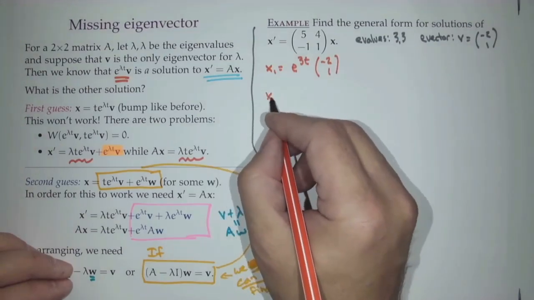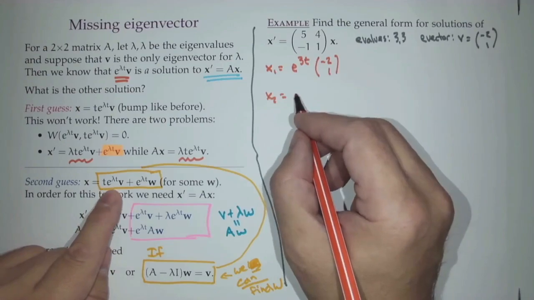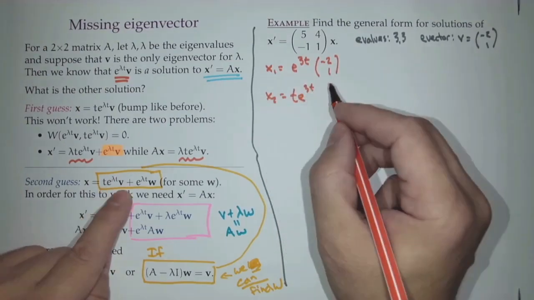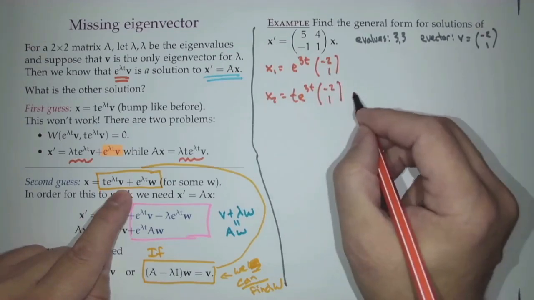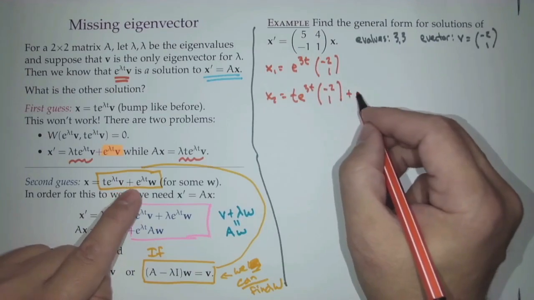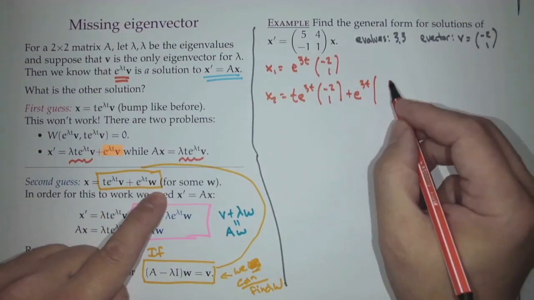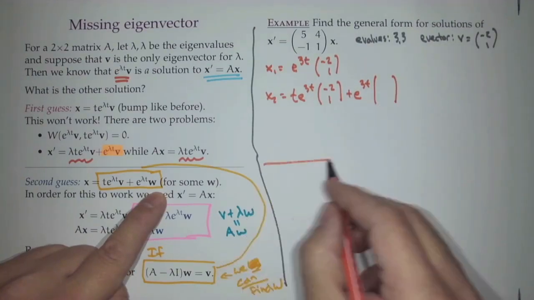Now x2, according to this, will be t e to the 3t times v, so times the same vector, plus e to the 3t times something. We'll have to fill that in.